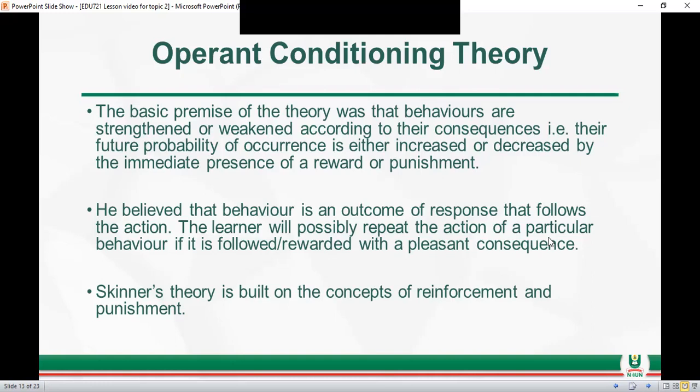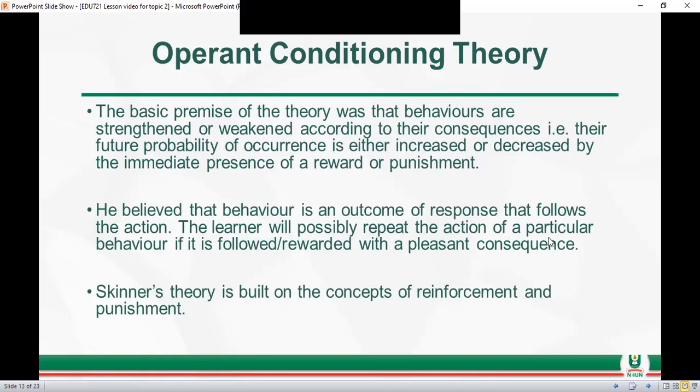The basic premise of the theory was that behaviors are strengthened or weakened according to their consequences. That is, their future probability of occurrence is either increased or decreased by the immediate presence of a reward or punishment. Skinner believed that behavior is an outcome of the response that follows the action.